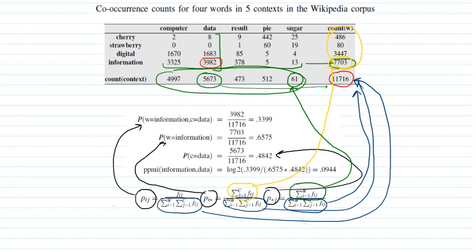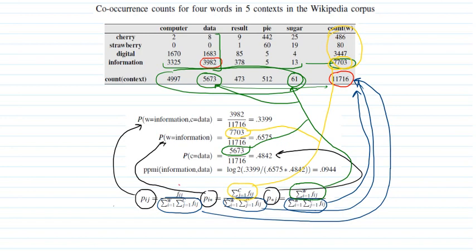So this corresponds again to this value 7703, and this green corresponds to the summation of contexts. So this is 5653, so this may also go to 5673, and this 3982 is this Fij.